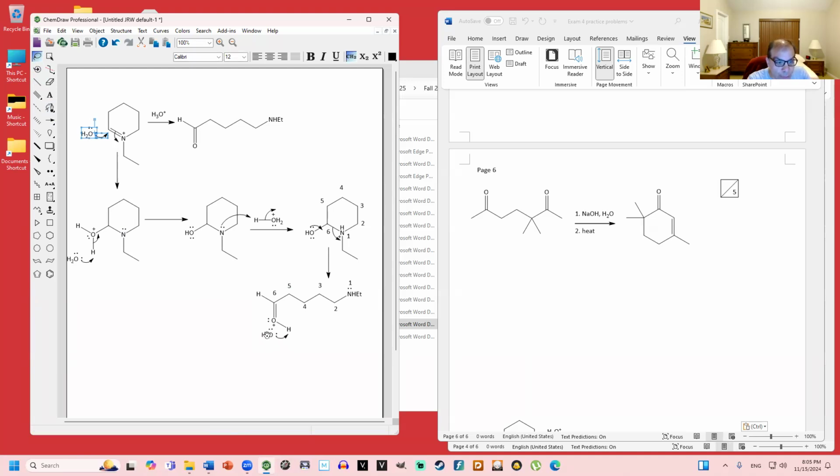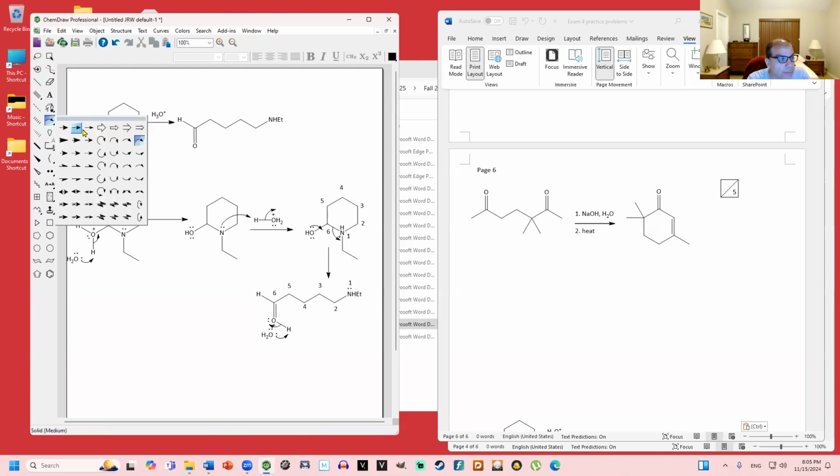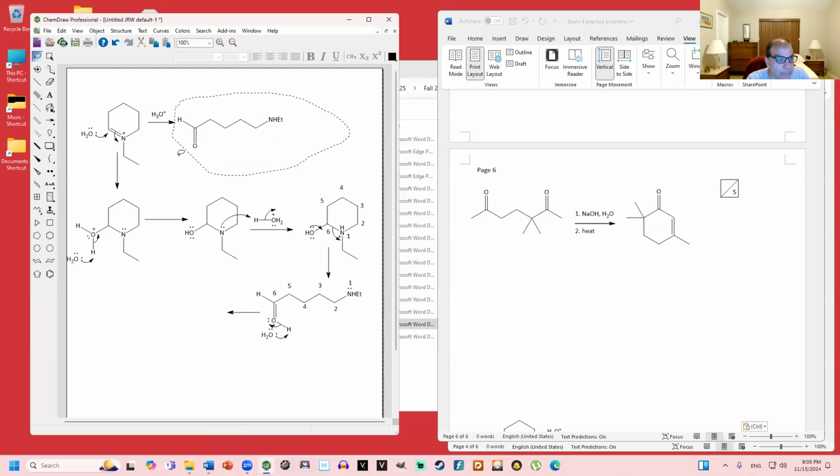And I would again challenge you to look at the version of this we did in class. It's absolutely the same. The only difference is that the amine and the carbonyl compound are separate molecules. In this case, it all happens within the same molecule, but it's exactly the same mechanism. Good.